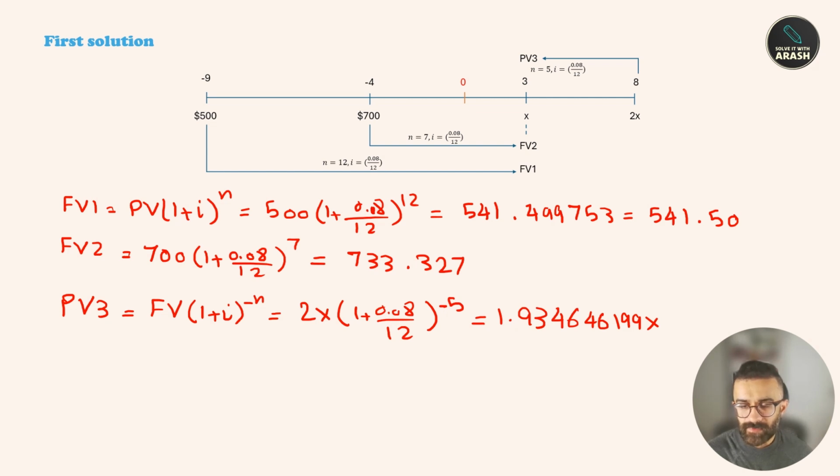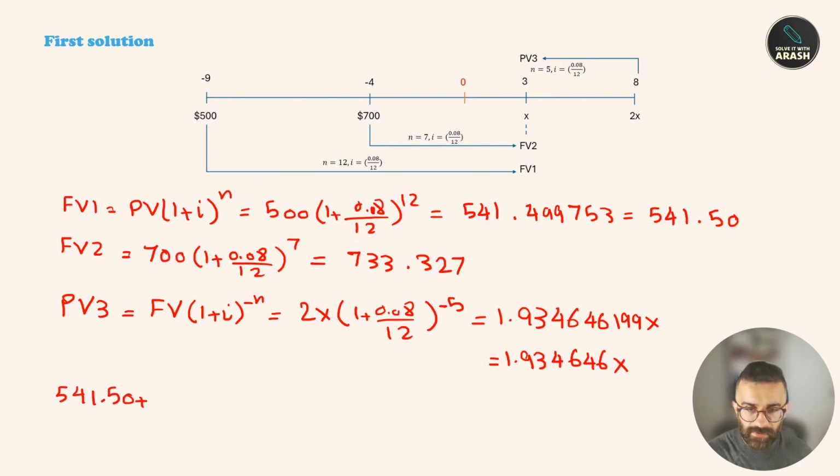So I need to keep 7 figures in the middle stages. So 1, 2, 3, 4, 5, 6, 7. The answer here is 1.934646 times x.